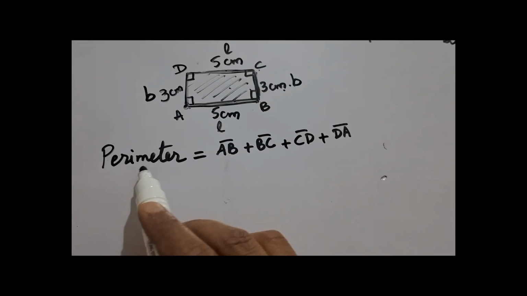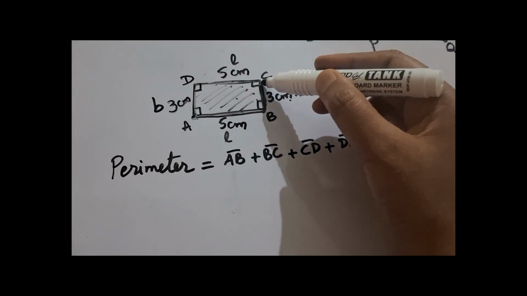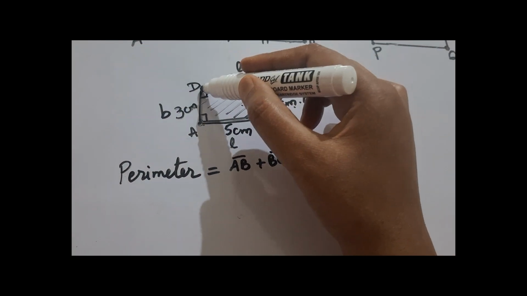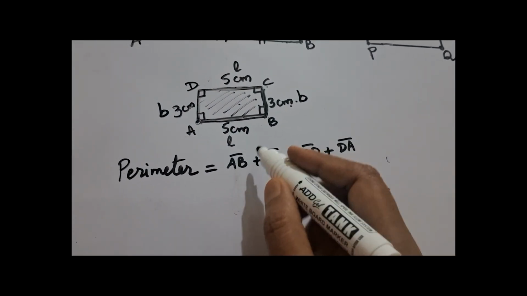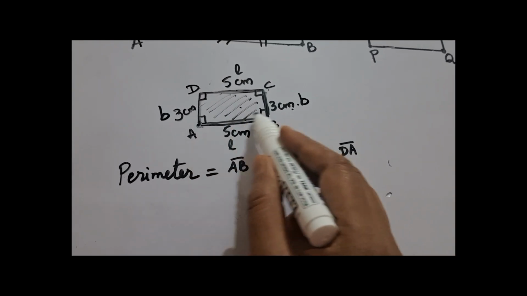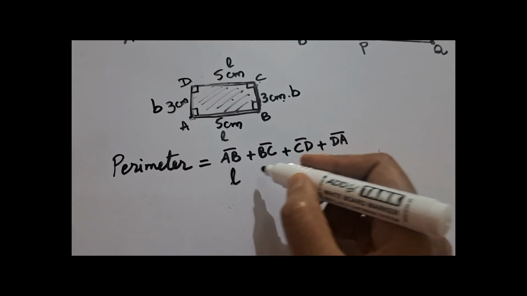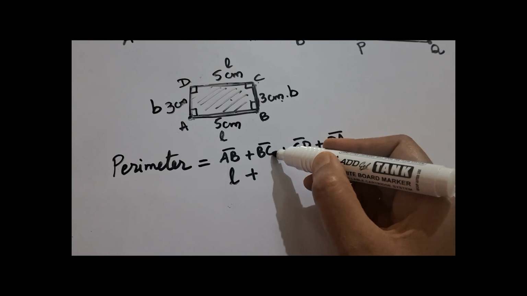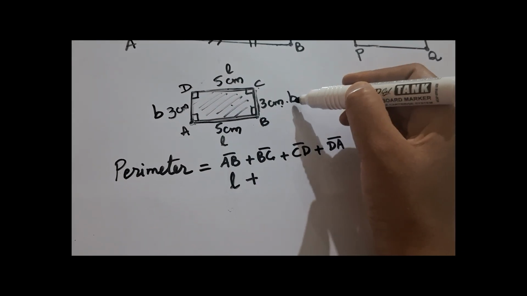Now children, we have seen that perimeter is equal to AB plus BC plus CD plus DA, isn't it? Now what is AB, children? This one we call length, isn't it? So here I am writing length plus. For this, BC is nothing but breadth.